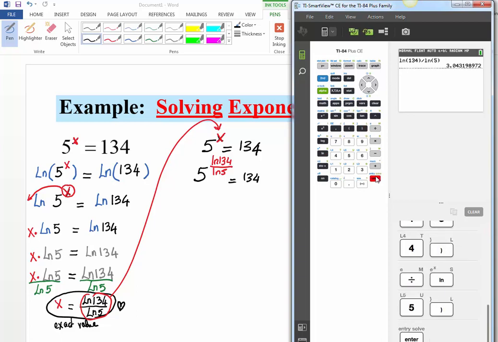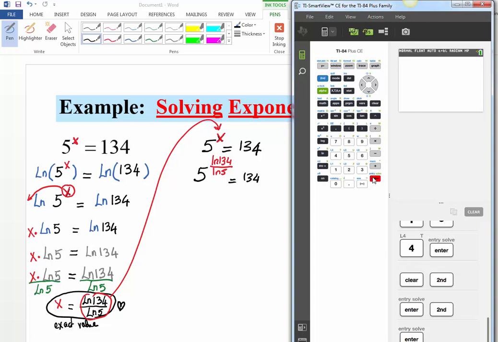And then once I get that value, I'm not going to say it's about 3.04, because if you did raise 5 to the power 3.04, then you would not get 134, which is what's on the right hand side. You would get something close to it, but not quite. So let's go ahead and not do that. Let me just type what x is.